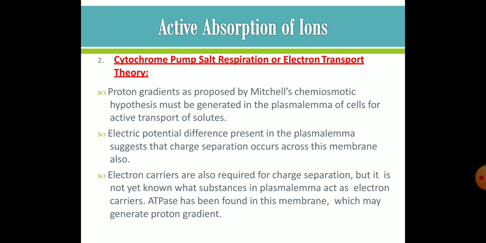What happens here is the proton gradient, as proposed by the chemiosmotic mechanism. It must be generated across the plasma membrane of the cell for the active transport of the solute.